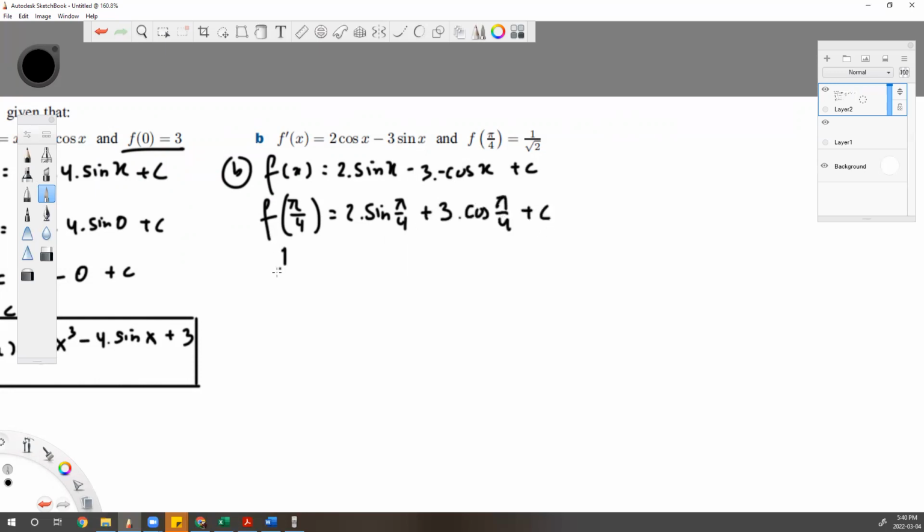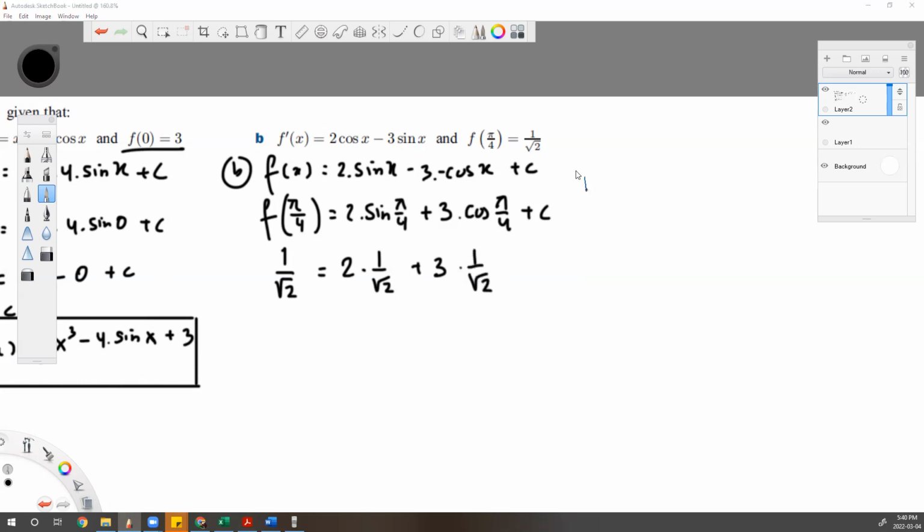And this will be 1 over square root 2 equals 2 times sine pi over 4, which is 1 over square root 2 as well, plus 3 cos pi over 4, which is 1 over square root 2 also.